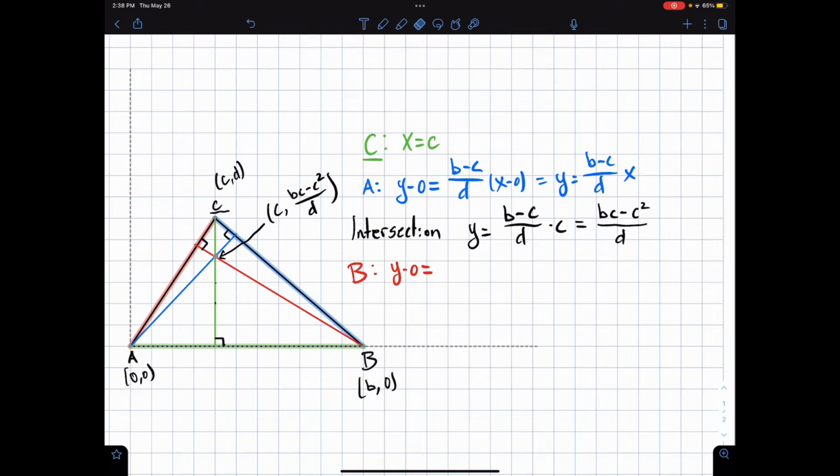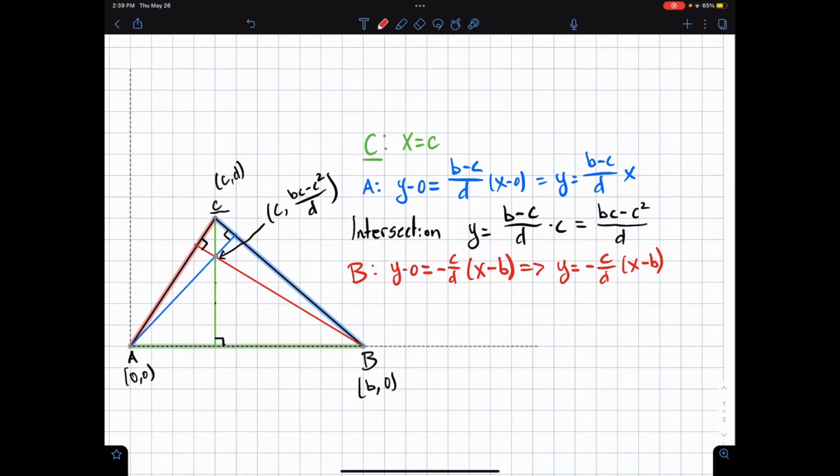So the slope of the height is going to be minus c over d, and that passes through x minus b. Okay, so we can rewrite this as y equals minus c over d times x minus b.